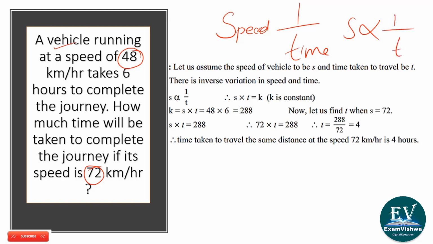So what will happen? S into T will be a constant, and that constant will guide you further. It is already given that at 48 km per hour it reaches in 6 hours. So 288 is that constant. So you will equate with 288 in the case of 72 kilometers per hour to find the time.